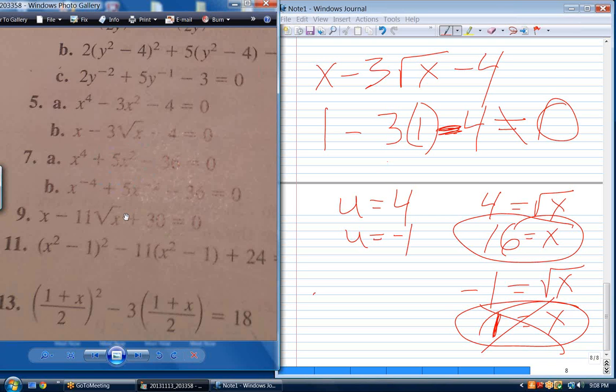So on just 9 real quick, u would be equal to the square root of x. And then the equation would be u squared minus 11u plus 30 equals 0. You got it. Every one of these is exactly the same. In 13, u is 1 plus x over 2.